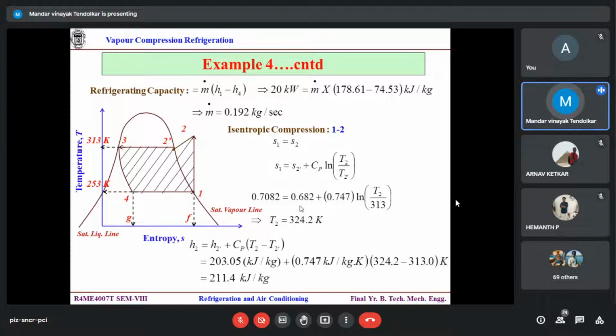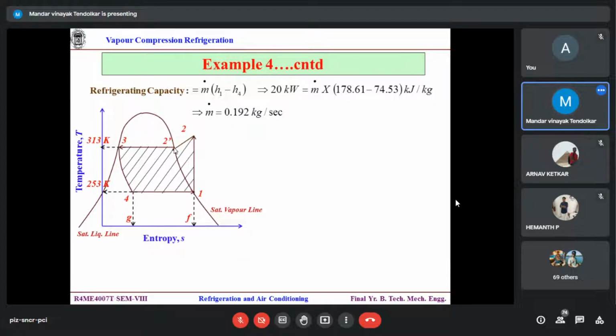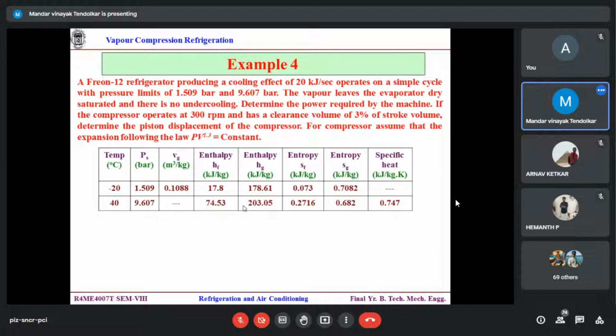Now you got T2. So you can substitute and calculate H2. Enthalpy was also superheated, right? So here it is Cp delta T. For the entropy, it is Cp into ln of ratio of temperatures. Here it is temperature difference. So the saturated value is known from the table. 40 degrees saturated value Hg 203.